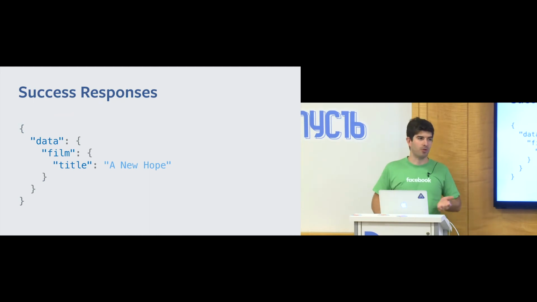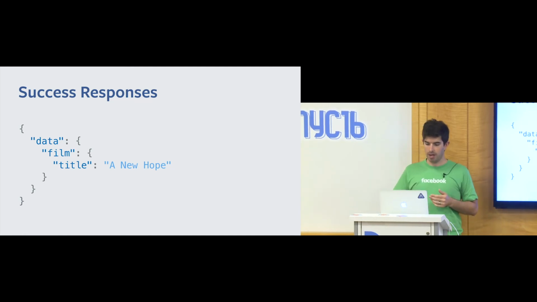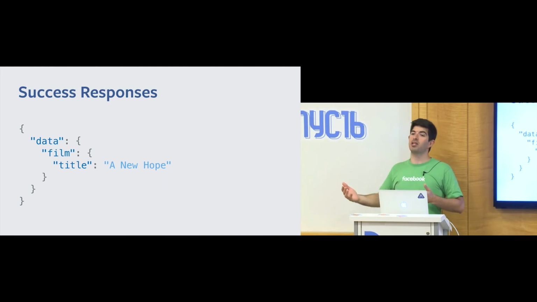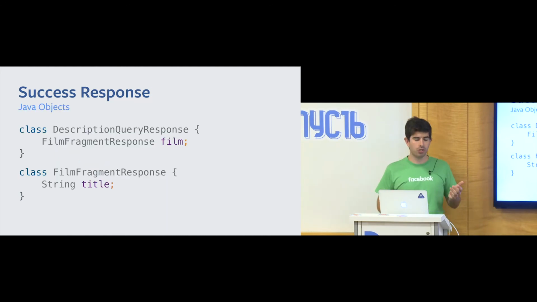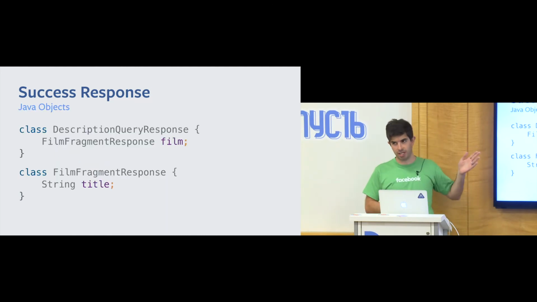In the happy path, when you actually have a successful response, you basically just need to pull the wrapper off and you will get the structure that you asked for in the query. That means the responses match up with the requests and you basically need objects for both. I usually have one response object for each query type.